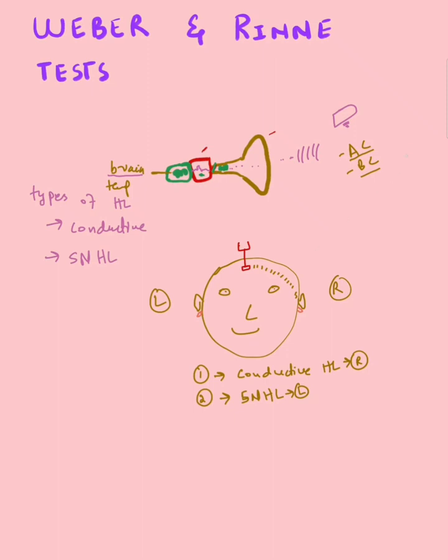The reason for that is normally we hear the ambient noise in the environment, and when there is blockade of the conduction of that ambient noise because of the conductive hearing loss, then the conduction through the bone is going to increase because there is cancellation of that noise.